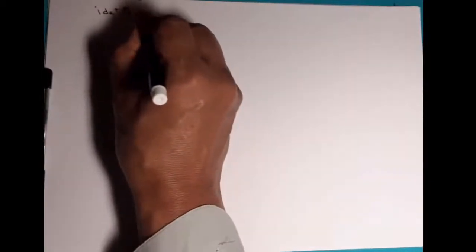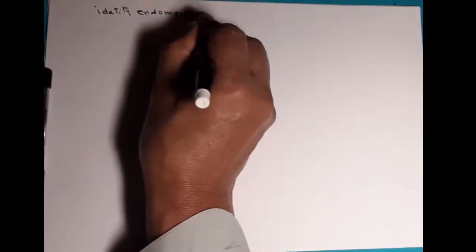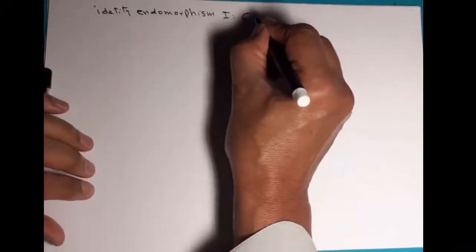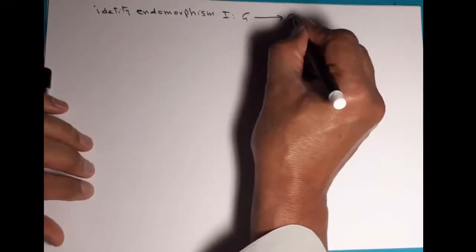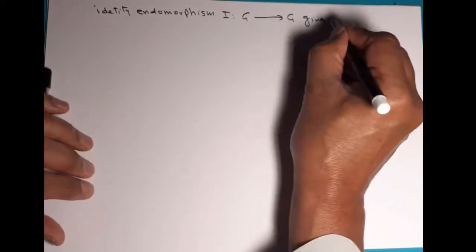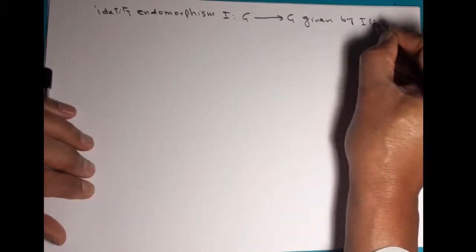Let's denote it by capital I. This is an endomorphism from G into G given by: the effect of I on any element x is x.